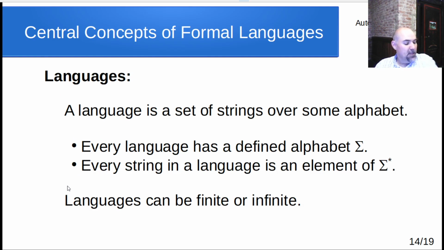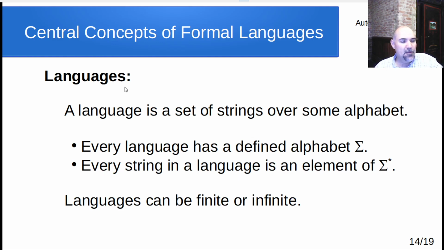Now we're finally up to the definition of a language. And a language, remember, that's one of the phrases that makes up the name of this class. It's Automata and Formal Languages. You can kind of see it up here. And so it's going to be important for us to use a formal definition for what we mean by a language.